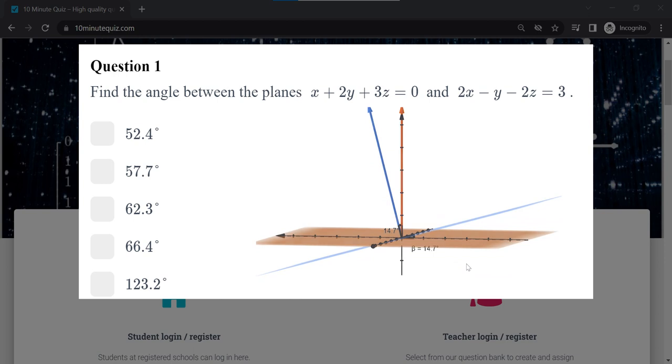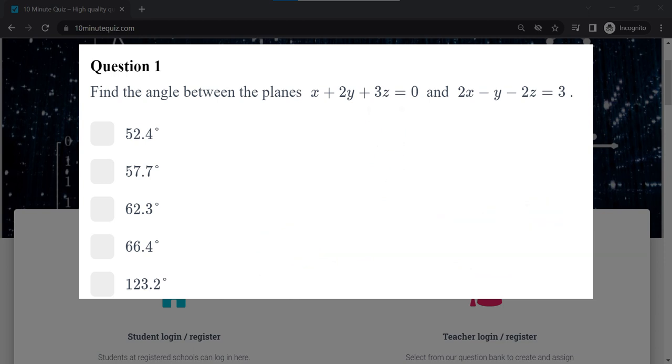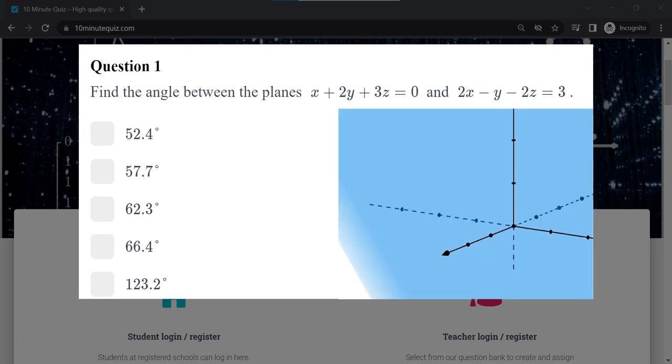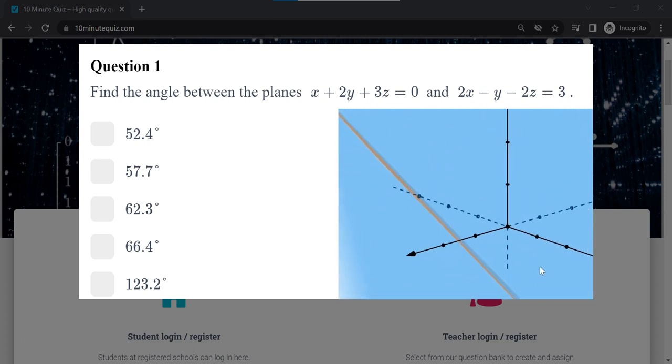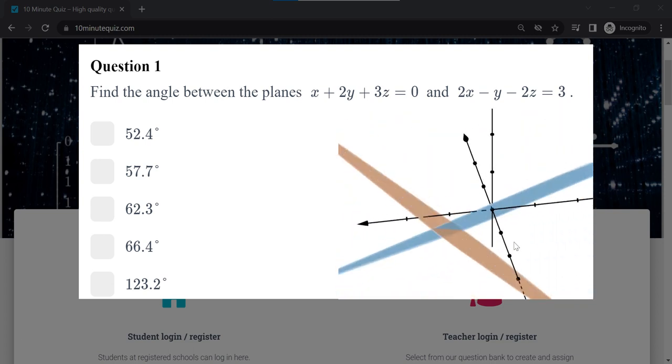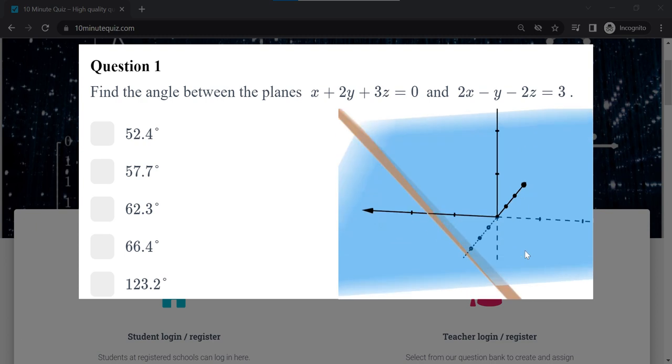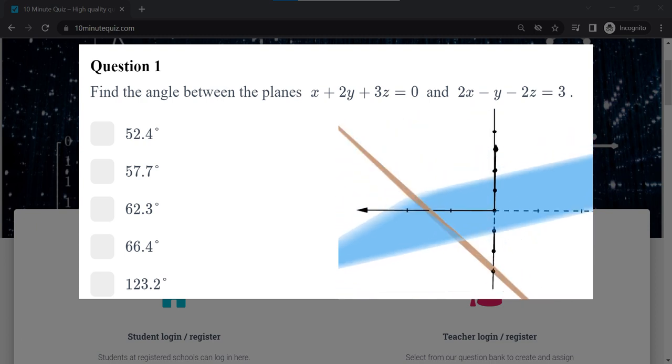Let's go back now to our example of the two planes that are given: x plus 2y plus 3z equals 0 and 2x minus y minus 2z equals 3. Okay, so here are our planes, and remember we want to measure the angle perpendicular to each plane, so that's perpendicular to the line of intersection.